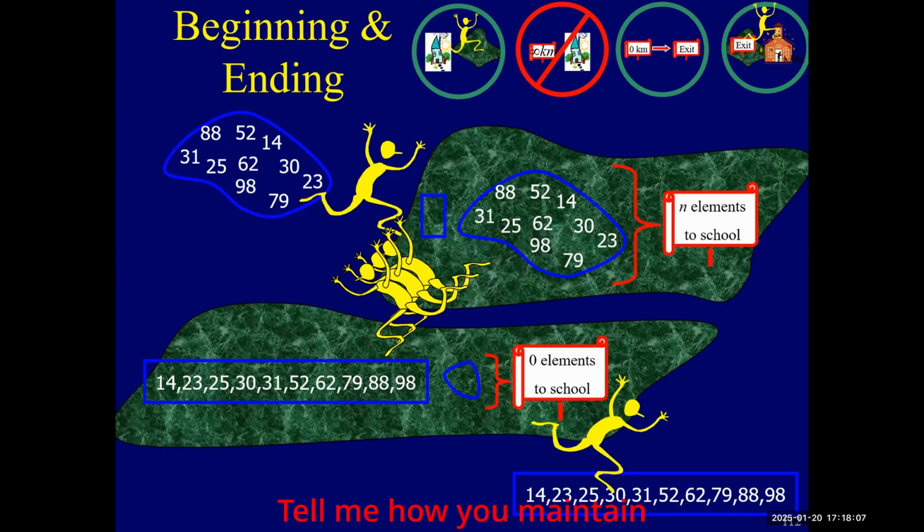Tell me how you maintain the loop invariant while making progress. And tell me how from the loop invariant and the exit condition, you get the postcondition. So that's my mantra. And then what are you going to have on the test? Some merging of those.